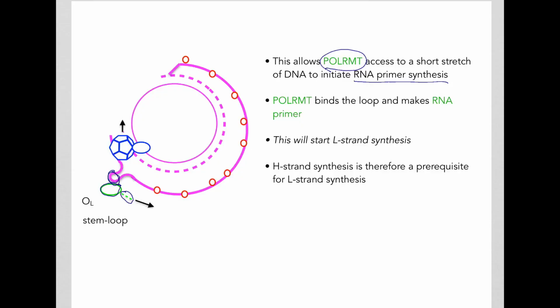As the POLRMT binds this loop and makes the RNA primer, this will now initiate L-strand synthesis. So note that H-strand synthesis is a prerequisite for L-strand synthesis. H-strand synthesis starts first, and only after it reaches this point here will L-strand synthesis begin.